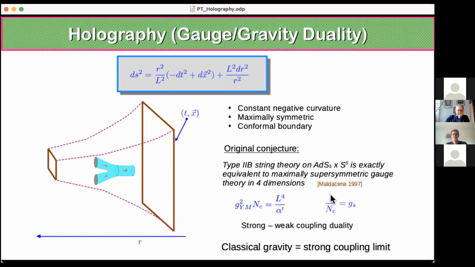And at the same time, when the rank of the gauge group is very, very large, then this splitting and joining is very rare. And so you can give it a perturbative string expansion. So it's a strong weak coupling duality in the sense that every time the field theory runs into a regime which is very, very strongly coupled, the string theory or the gravity theory is very weakly coupled, and you can do perturbative gravitational calculations.